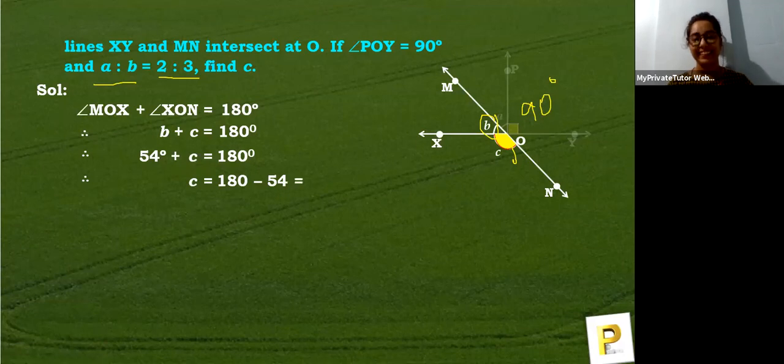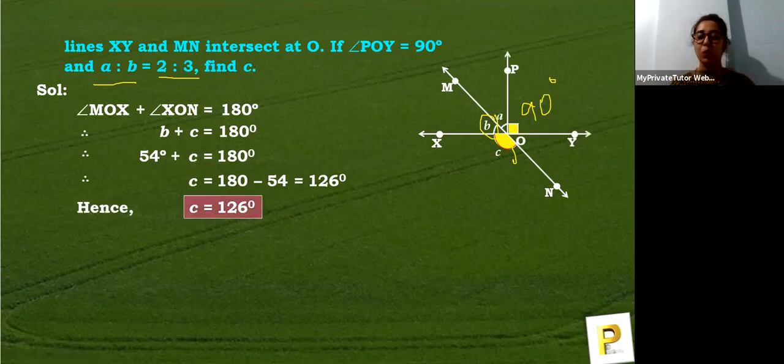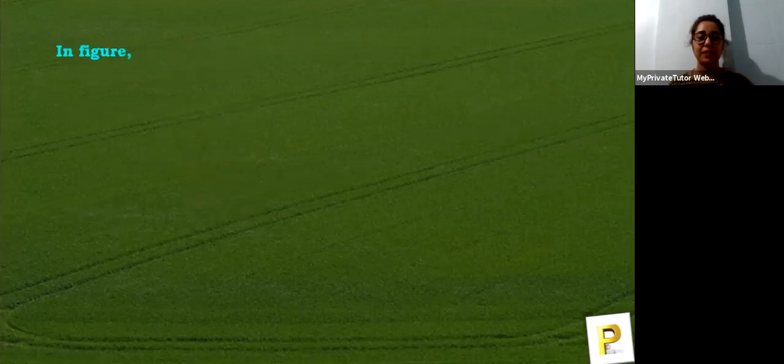Okay, yeah, because that 54 was on the left hand side and it came towards the right hand side. So as it was positive on the left hand side, it becomes negative on the right hand side. So 180 minus 54, and that's 126, and that's totally correct. And all of you have answered correct. Okay, so very good. So the answer for this question is 126. Okay, so hence the value of C is equal to 126. Let's move towards the next question.